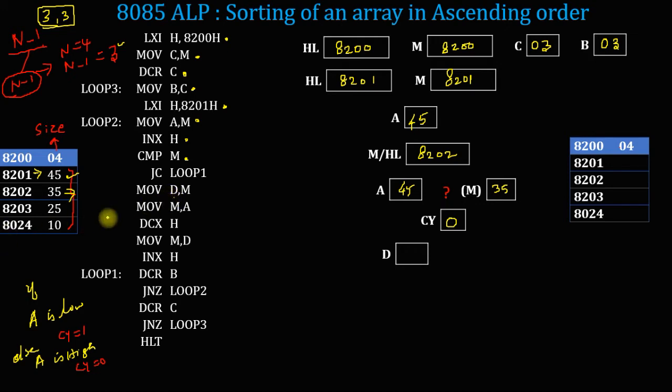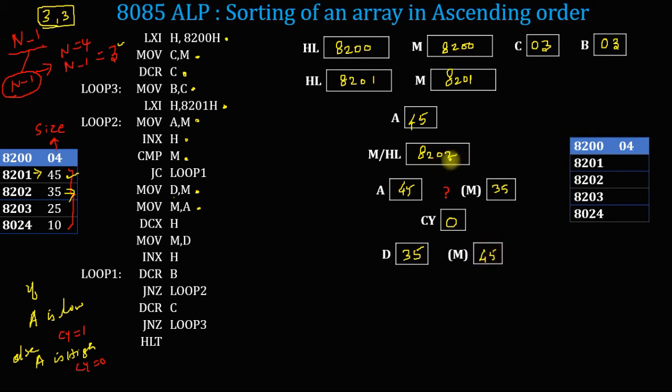For that I am bringing the M value into another register called the D register. And now MOV M, A. The content of the A register will be moved to M, which means 45.